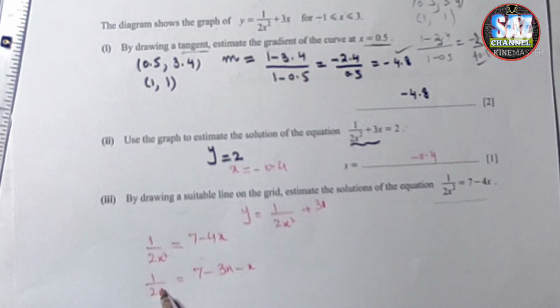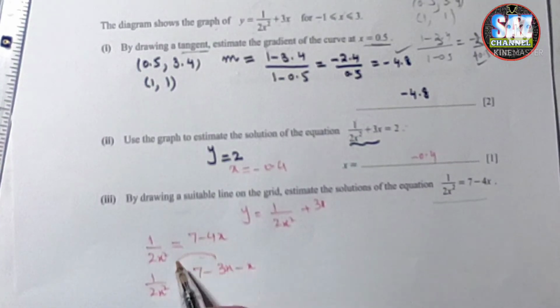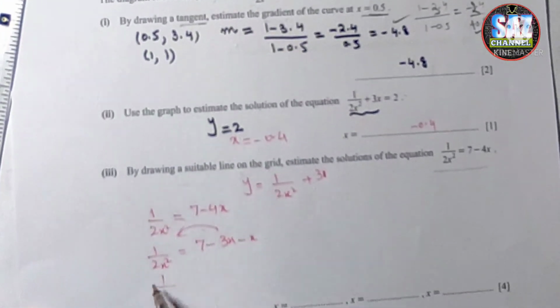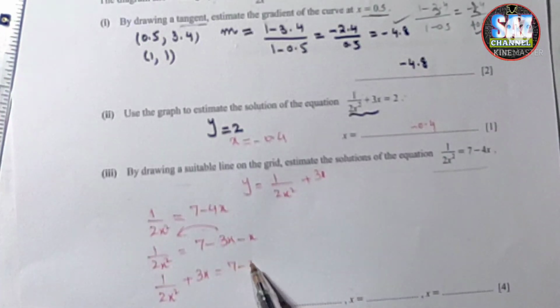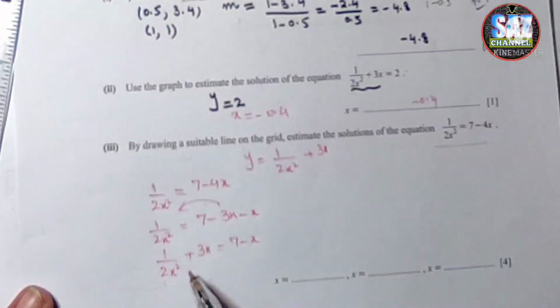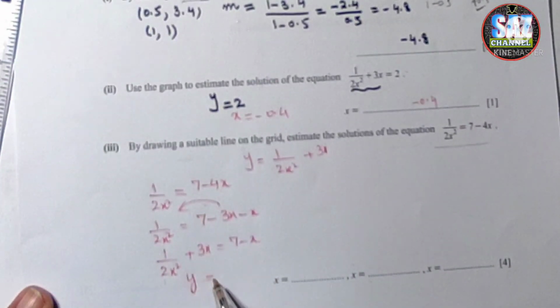I'm going really slow so that my students can understand this difficult part easily. 1/2x square plus 3x is equal to 7 minus x. Now this part is equal to y. So y equals to 7 minus x. This is the line that we have to plot.